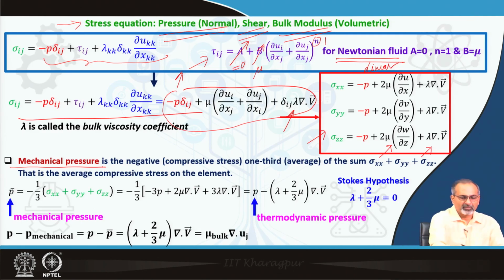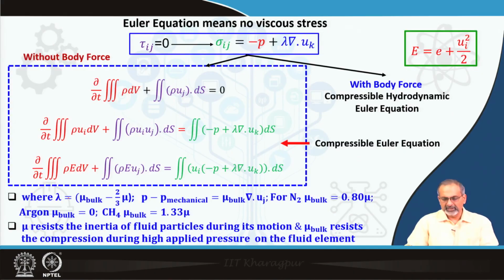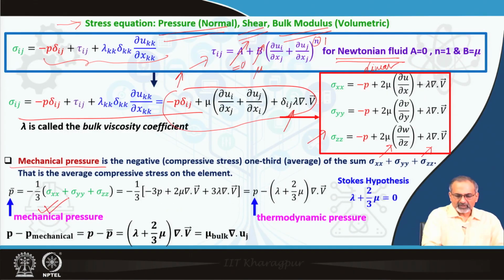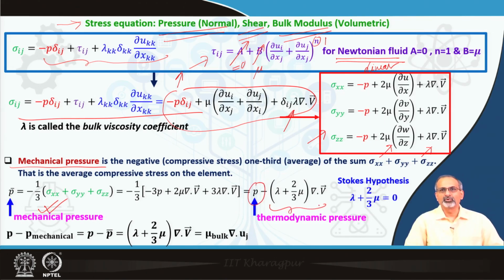This average compressive stress is what is going to give you the mechanical pressure. Finally, you see that you can segregate out the thermodynamic pressure here in the expression, and you are left with another term related to the bulk viscosity coefficient and the molecular viscosity put together in this expression times the divergence of the velocity vector.